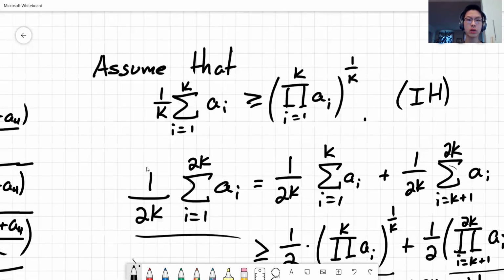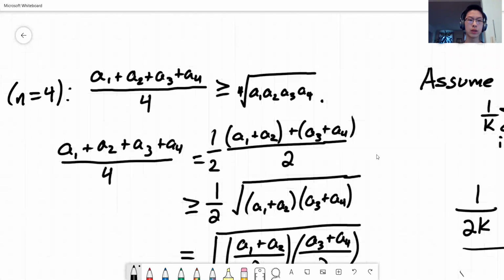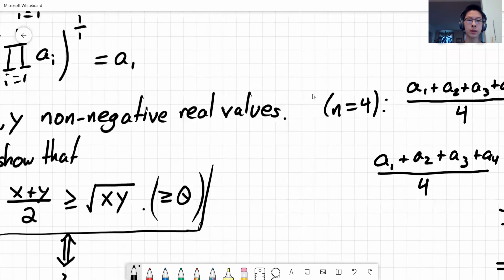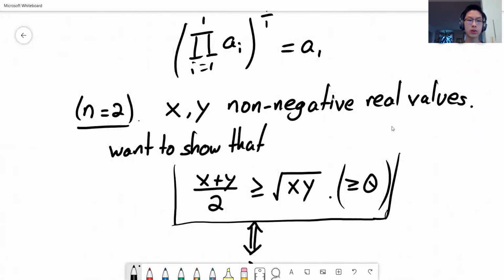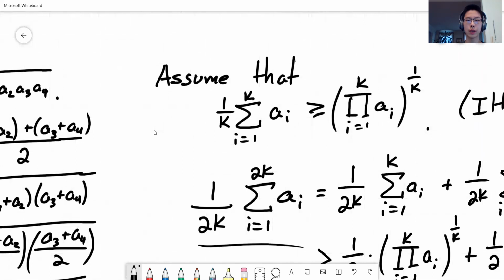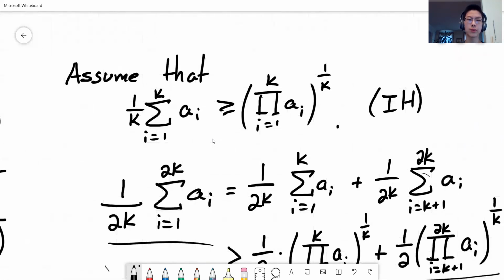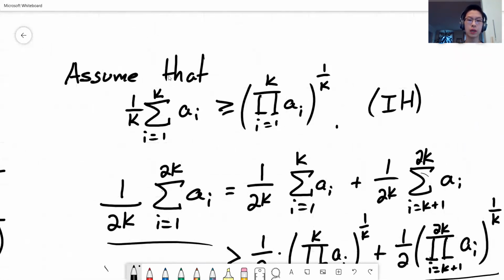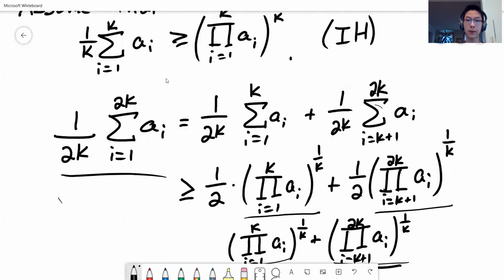Okay, so now here's what we know. We know that n equals 2^k, right? And we know that if we have this inequality for the value k, we can prove the inequality for the value 2k.